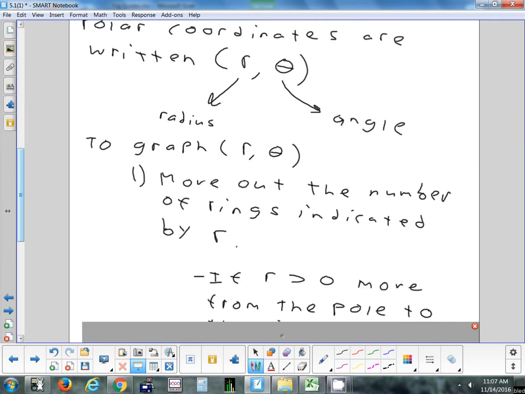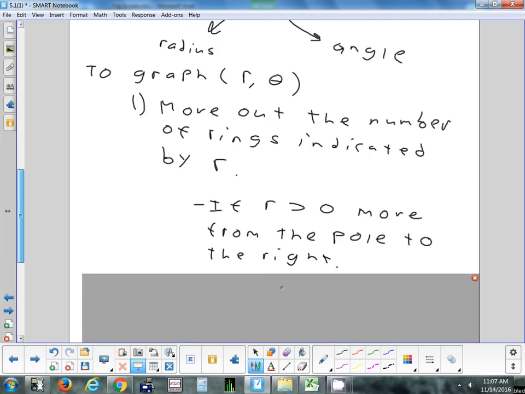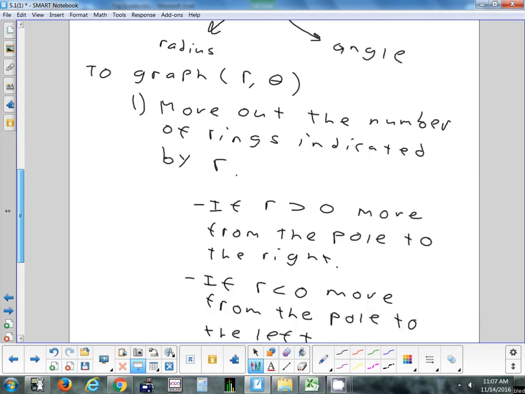If r is positive, you're going to move that many rings to the right. If r is negative, you're going to start from the pole and you're going to move that many rings to the left. And just like on a regular grid, you can move in between rings. You can go 2.5. You don't have to always land right on one of the rings.